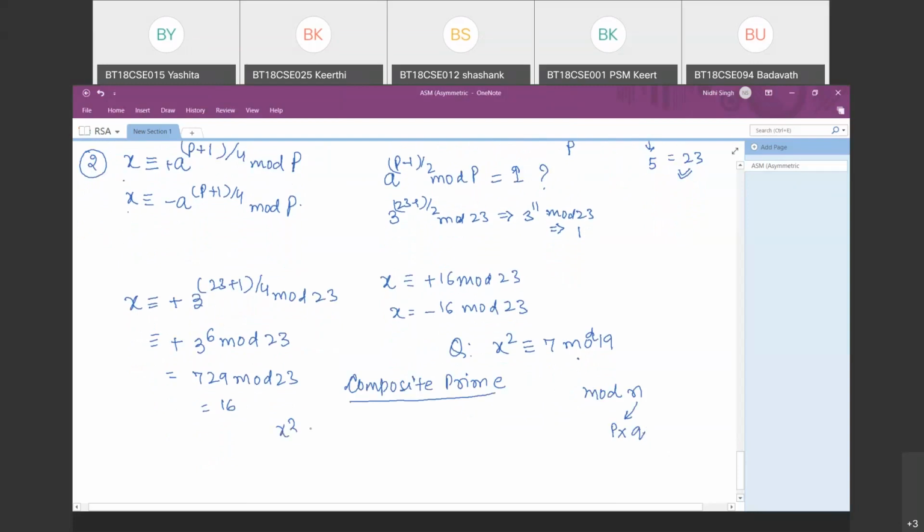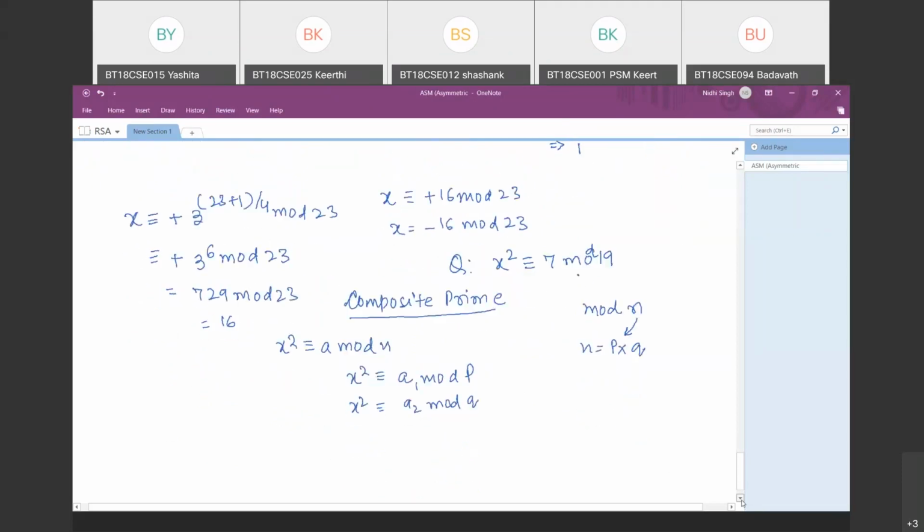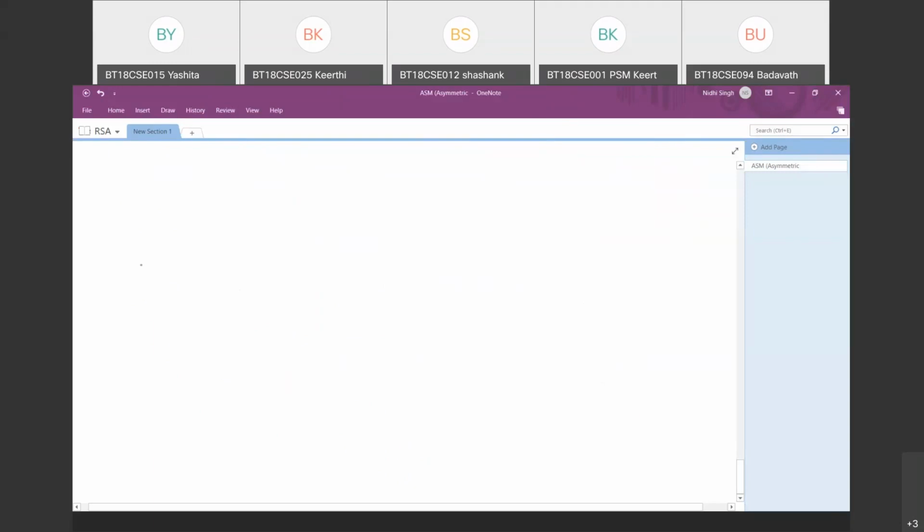In this case, my equation can be like x square equals a1 mod p and x square equals a2 mod q. Like the distributive property, we have to solve this type of equation. It is just a theory, and the application of this composite prime theory will be in the Rabin crypto system. Because there are some drawbacks regarding RSA security that you will understand if you do the homework that I gave you.